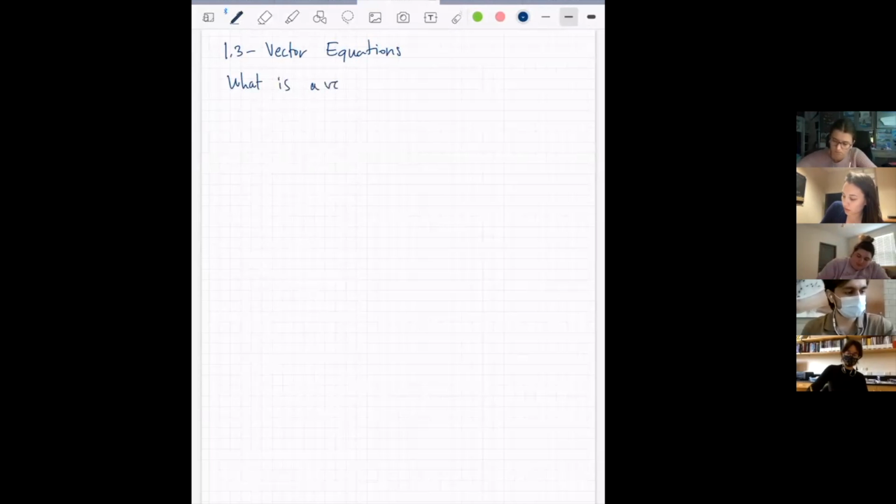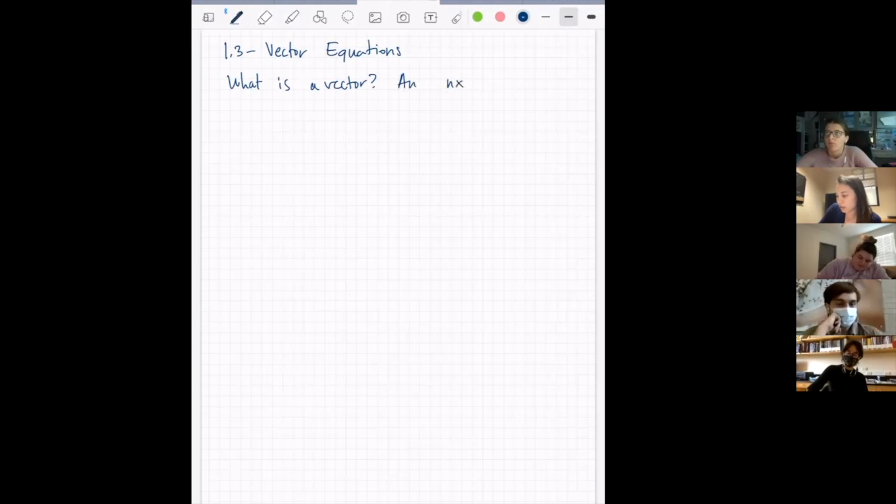What is a vector? For us, it's just going to be an n by 1 matrix. So it will look like a column, basically.